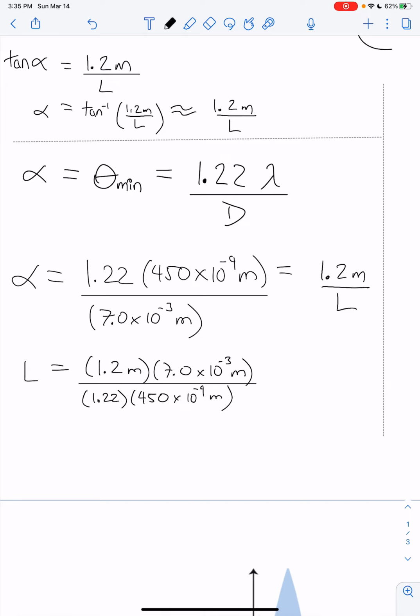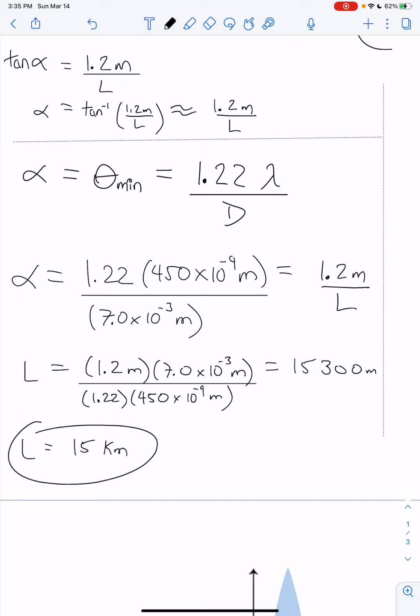And so, what do we get for our length? Let's just check. We get a value of about 15,300 meters. Looking at what we were given, we can call that 15 kilometers.